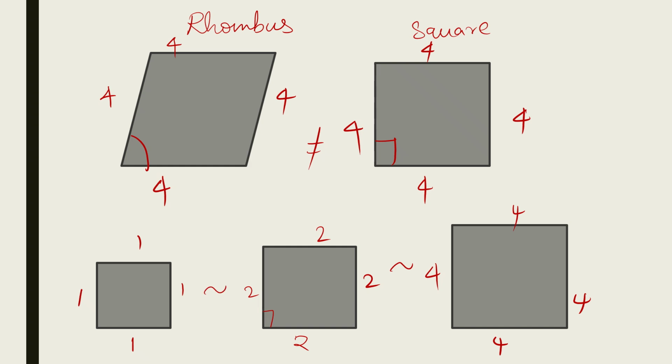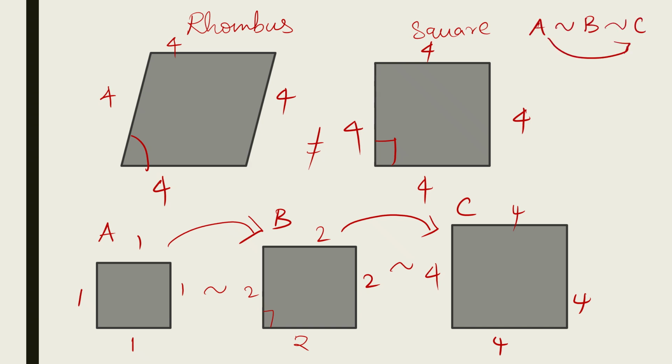These two are also similar. This one is similar to this one, and that one is similar to the next. That is, figure A is similar to figure B, and figure B is similar to figure C, which ultimately implies A is also similar to C. These are the inferences we draw from the similarity concept. Just remember it.